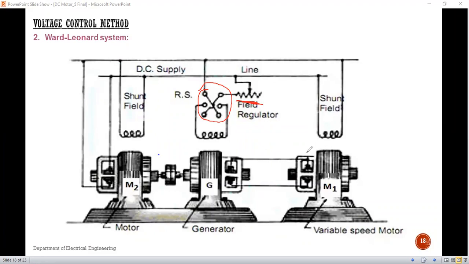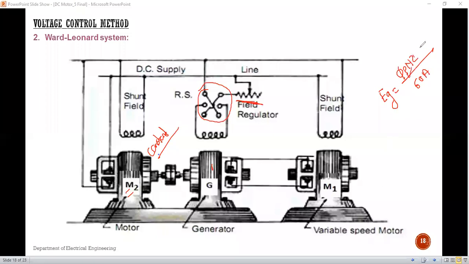The speed of this generator is constant because this motor runs at constant speed, right? So n is constant. We are varying the flux phi of the generator. Do you know that Eg is equal to phi P N Z divided by 60A.